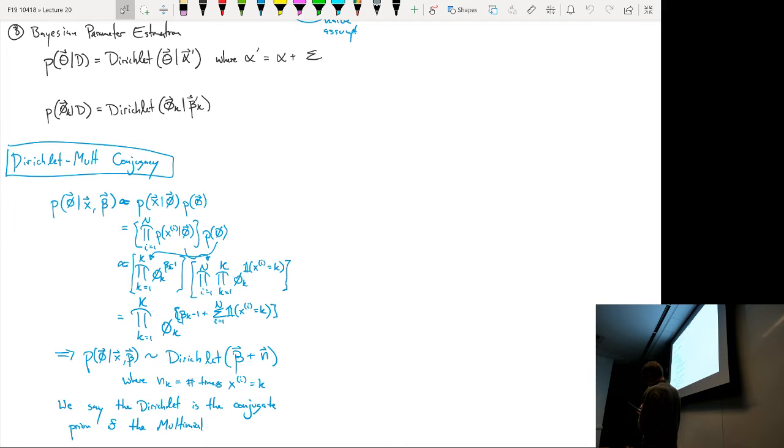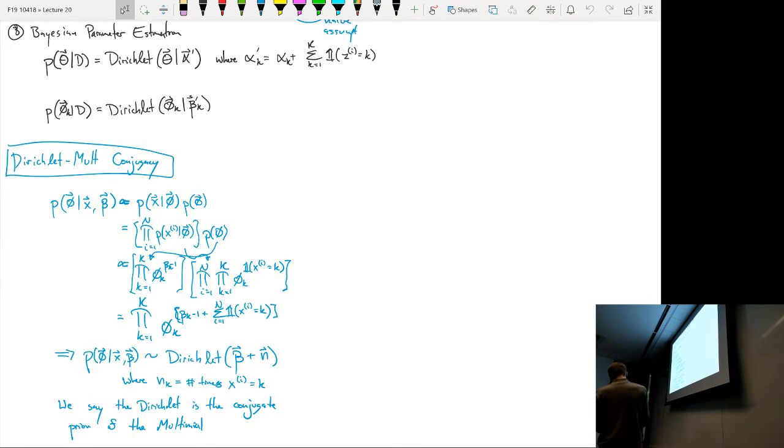So alpha prime k is alpha k, which was the original hyperparameter, plus the indicators counting how many times zi equaled k.